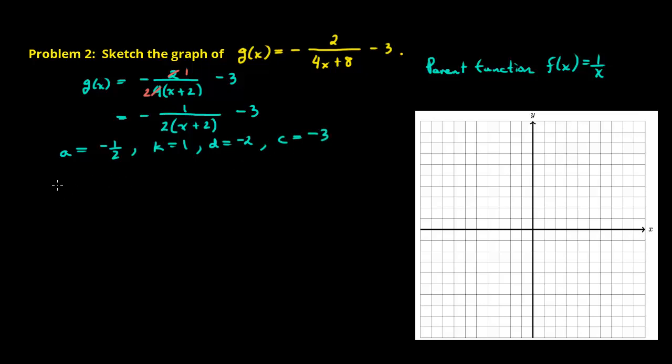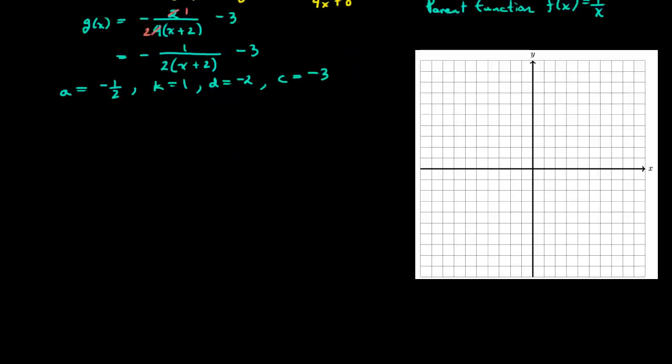So now I can think about what the key points of the parent function are, and then use the mapping rule to figure out what the transformed points of this function are. So let's write out the key points of the reciprocal function. We've got x comma y.